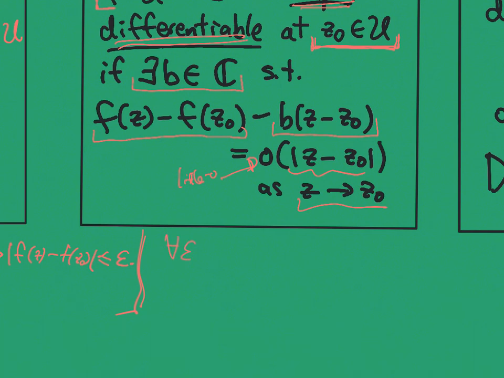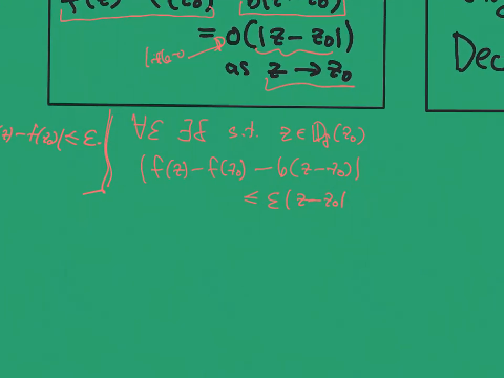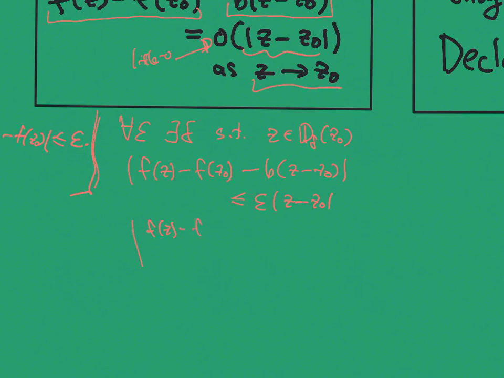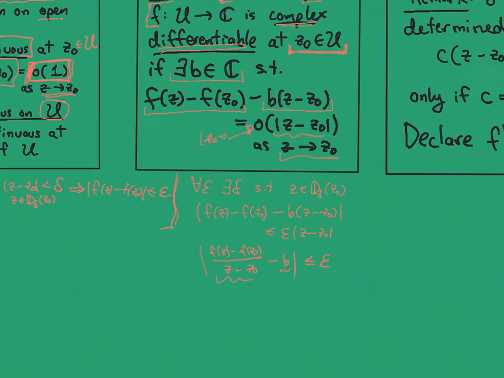So for every epsilon, there exists a delta such that for z close to z0, we have this bound, and if you divide through by z minus z0, which you can do when z is not equal to z0, you basically get the same difference quotient definition of a derivative, that this quantity is tending to b as z goes to z0.